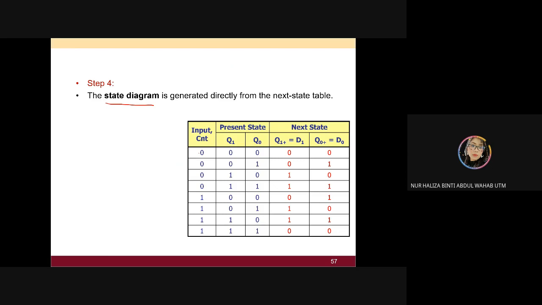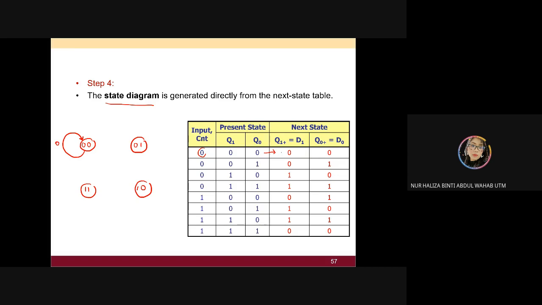First of all, you're going to have the states 00, 01, 10, 11. For our present state, if it is 00, where are we going to go? It's going to go to 00 also. And our input will be 0.